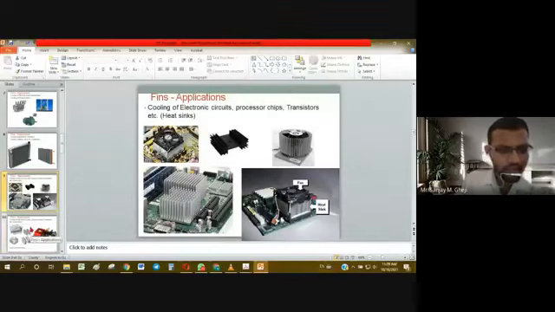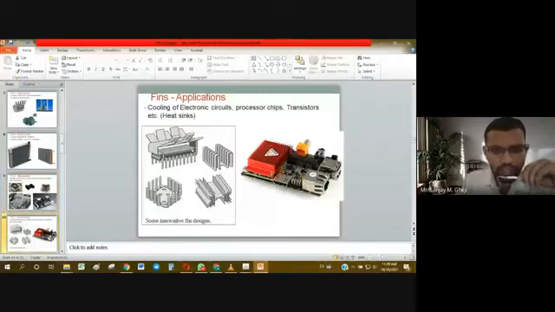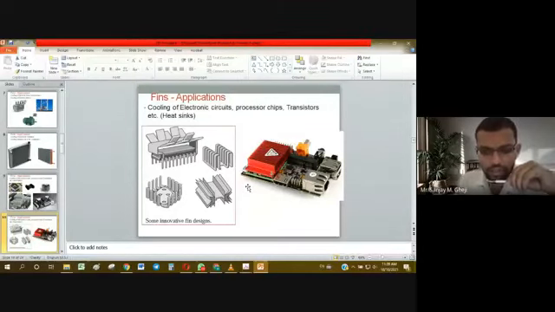Okay, now their shapes and sizes will be very complicated. Again, the shape and size will depend on the area or the space available, because as you see, most of the digital devices such as computers and laptops, their sizes are shrinking down and down.